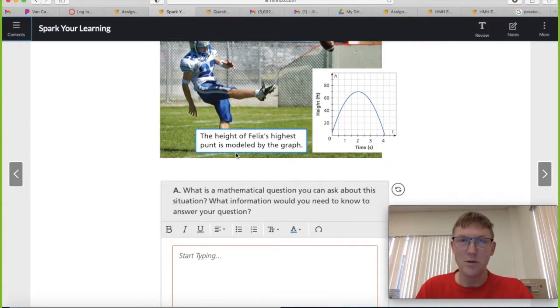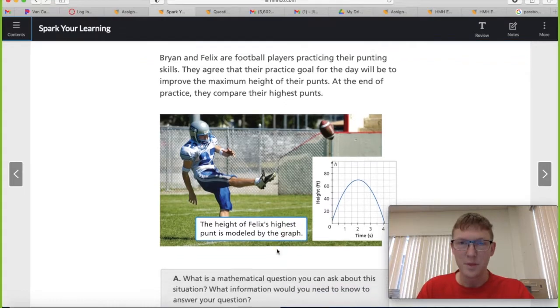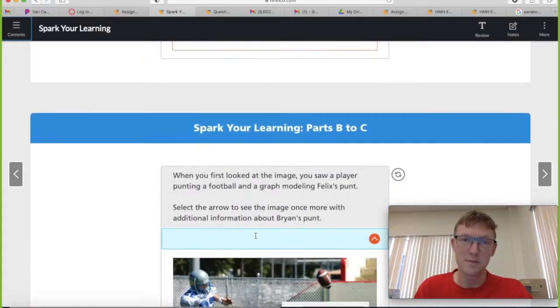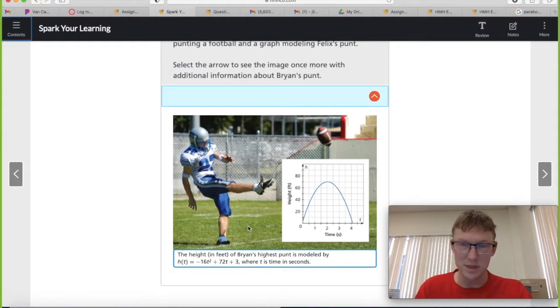Of course we would need to know Brian's model. And for some odd reason, we have a graph of Felix's, and then we have an equation of Brian's.